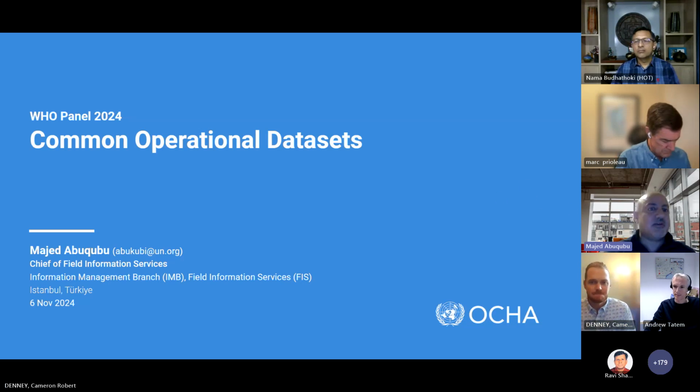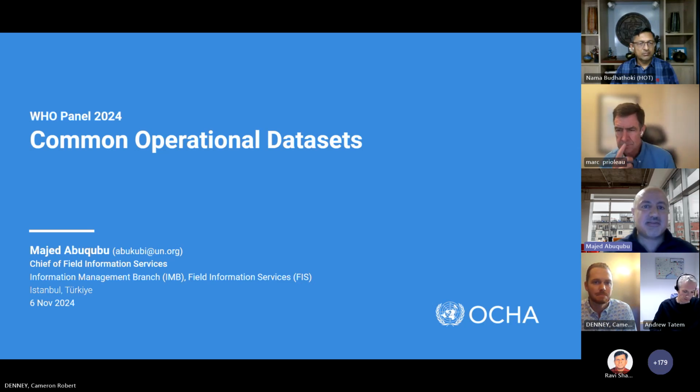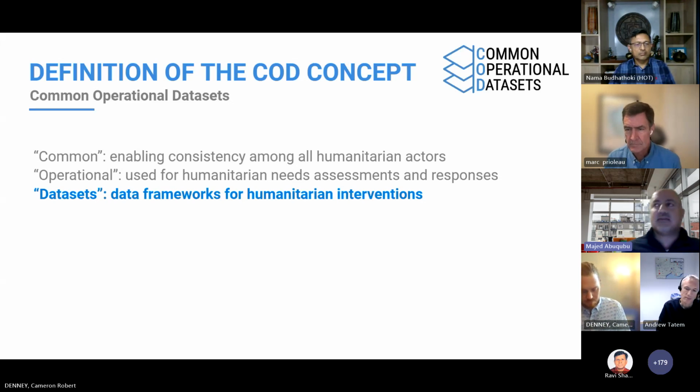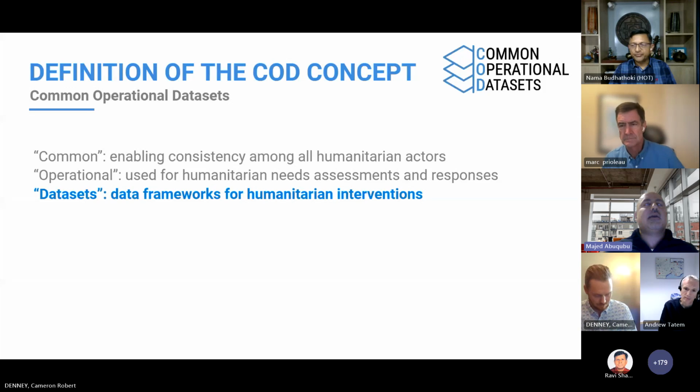giving me the opportunity to present what we do in OCHA in the humanitarian field. We are consumers of WorldPop and OpenStreetMap, plus many other data sets. So please, next slide. The common operational data set is open in a way, but it's not open source.